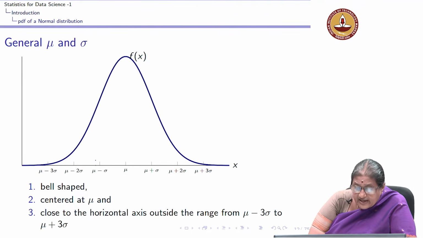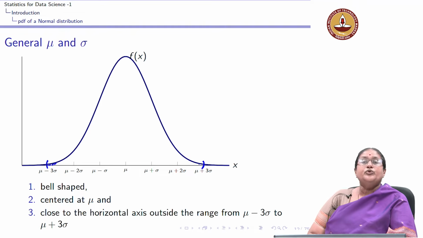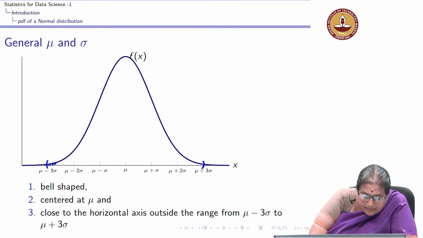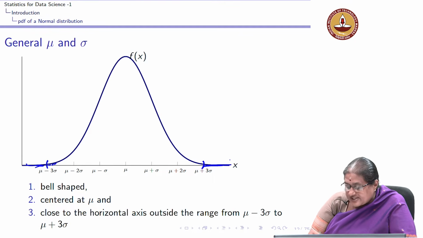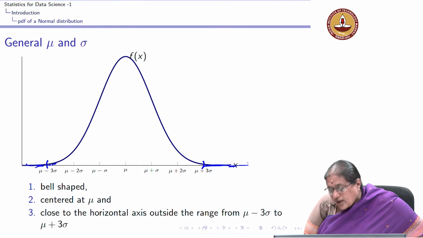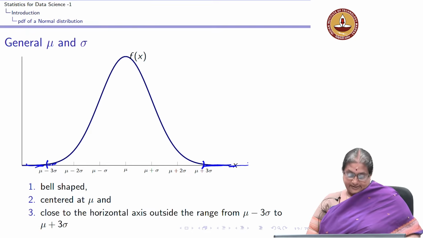Something which again I notice is that most of the observations lie between mu minus 3 sigma to mu plus 3 sigma. In other words, beyond the range mu minus 3 sigma and mu plus 3 sigma, the curve is very close to my horizontal axis.